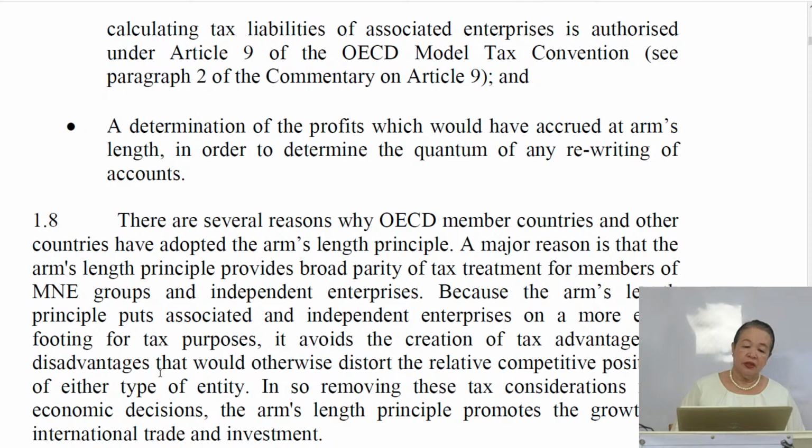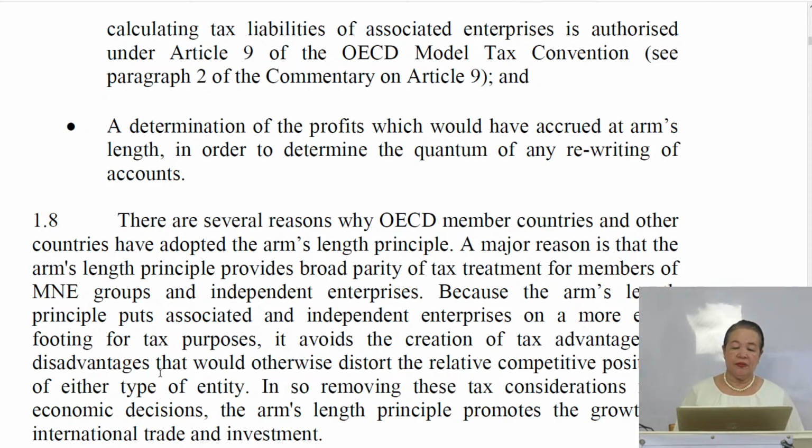So, determination of the profits which would have accrued at arm's length in order to determine the quantum of any rewriting of the accounts. So, where can you find the calculation of tax liabilities of associated enterprises? In paragraph 2 of the commentary on Article 9.